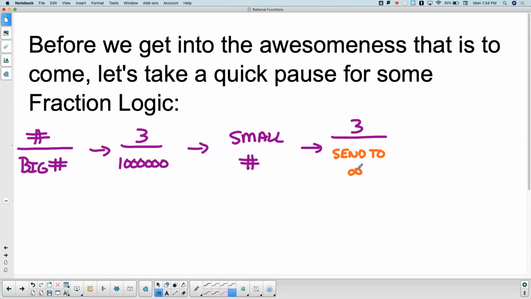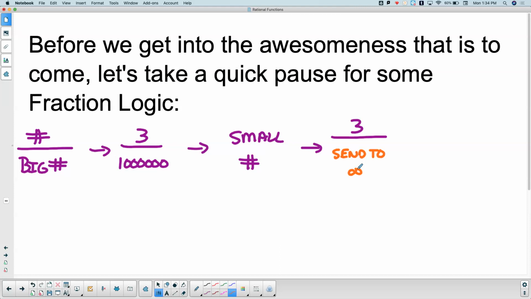So that bottom number just keeps getting bigger and bigger and bigger. What you got, Chloe? Smaller and smaller. Until what? So it basically becomes 0.